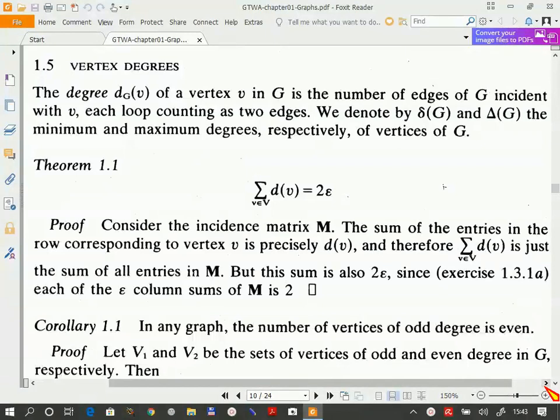But the two sums are the same sum, the sum of all entries in the incidence matrix. All right. So that's a nice proof going through the incidence matrix. But I also like another possible proof.